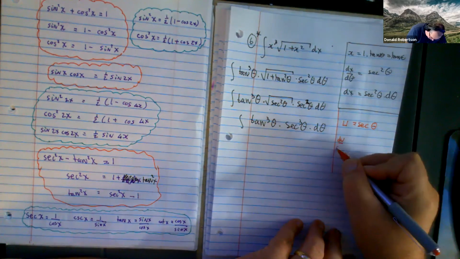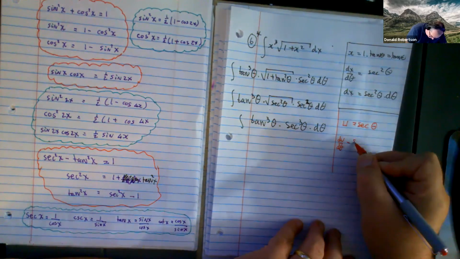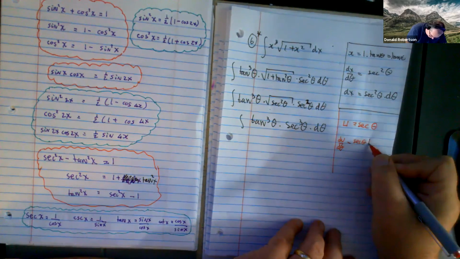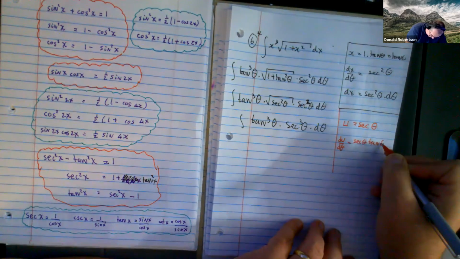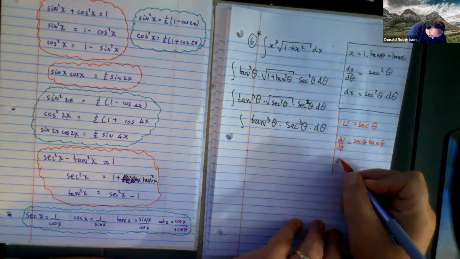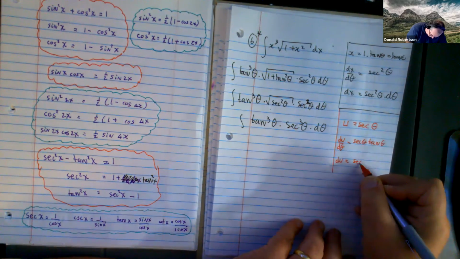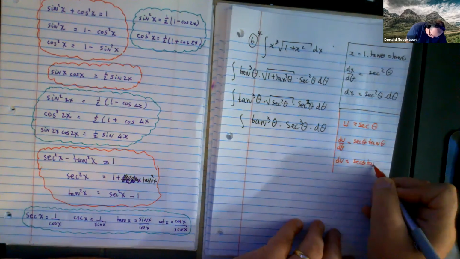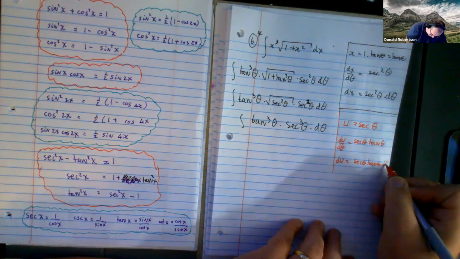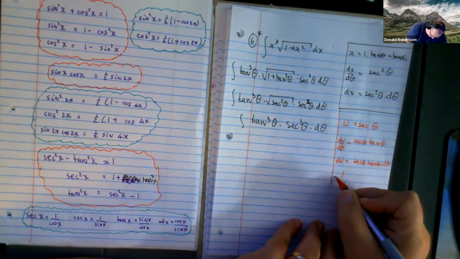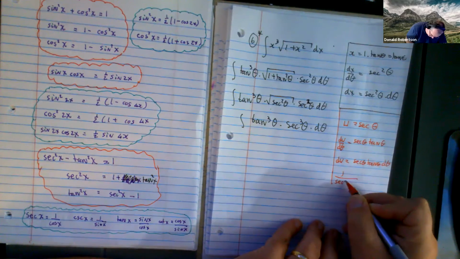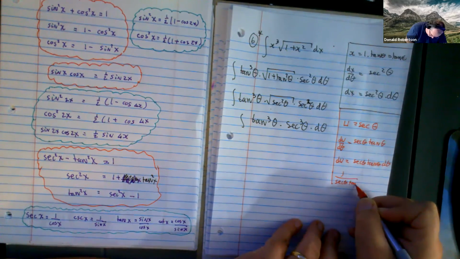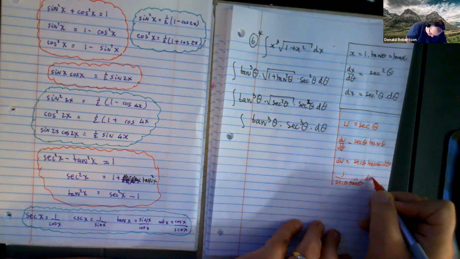If you differentiate with respect to theta, you get secant tangent. Now you get secant tangent d theta, and then you divide everybody to isolate the d theta. So secant tan on the bottom, du is d theta.